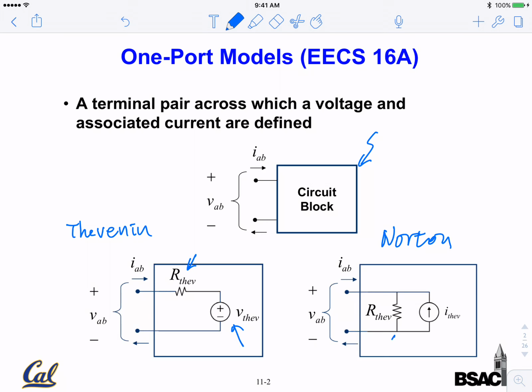Norton is represented by a shunt resistance and a current source. You can transform a black box of circuit into either Thevenin or Norton, and I'm sure you have all done exercises on the conversion. This is very similar to how we will find input and output resistance, so we'll do some exercises in the lecture today.